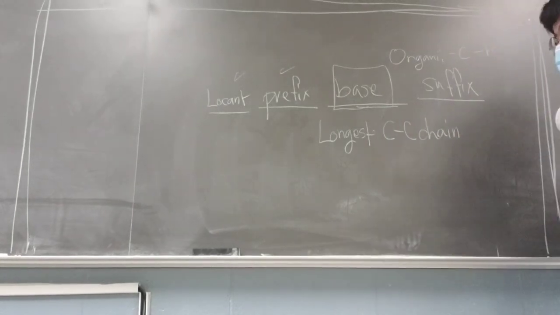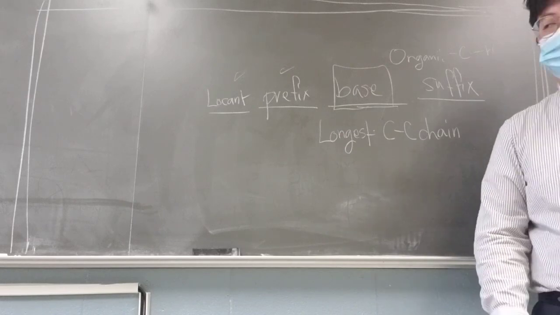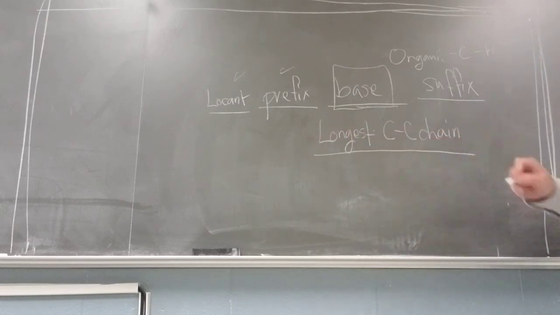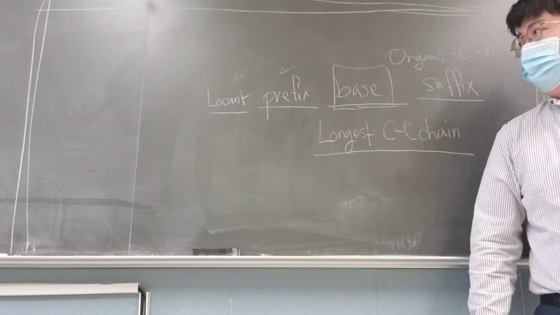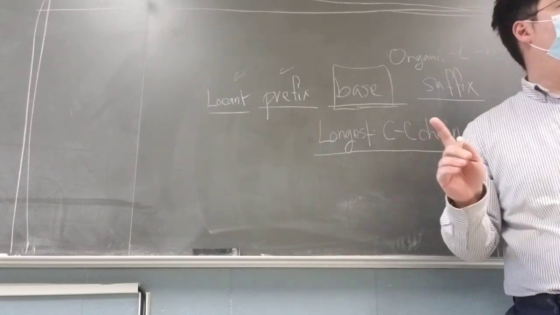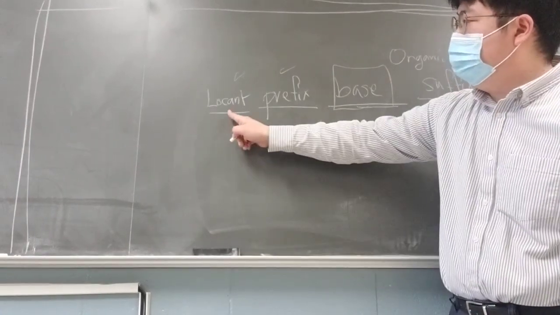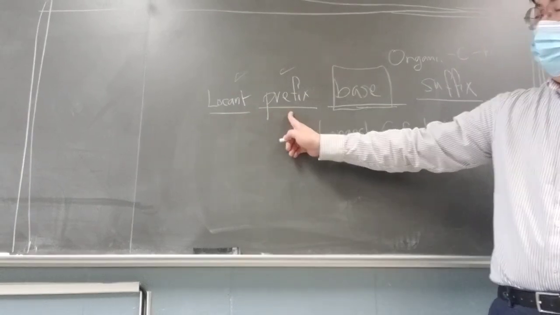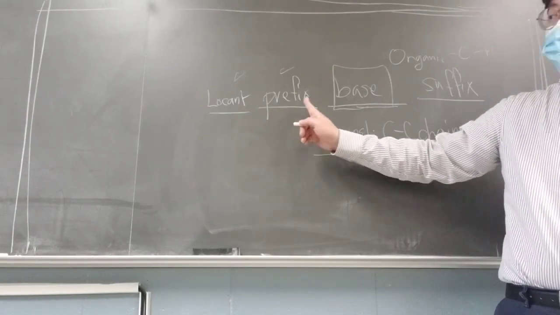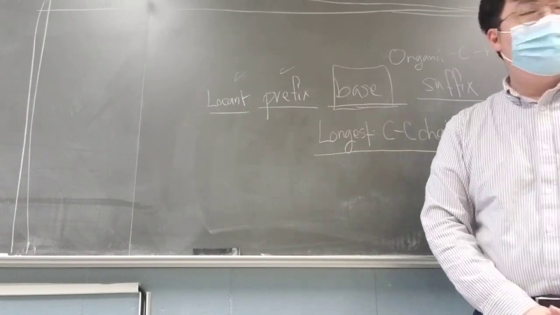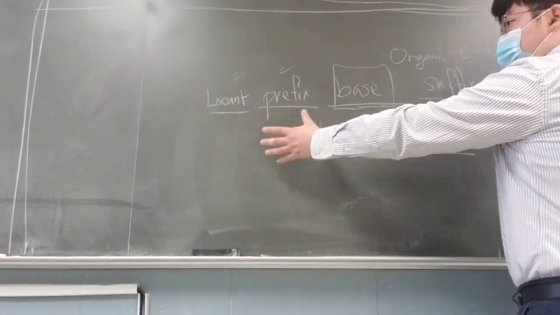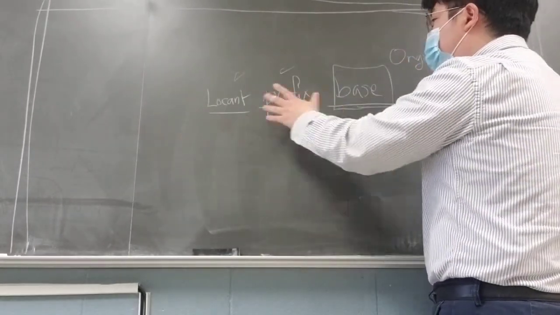And then if there is any additional group attached to your base, which is longest carbon chain, that is going to be your prefix. So locant is simply meaning, this is information about where this prefix, additional groups are attached to on your base. Okay, so these two are kind of free-for-all groups on your base.